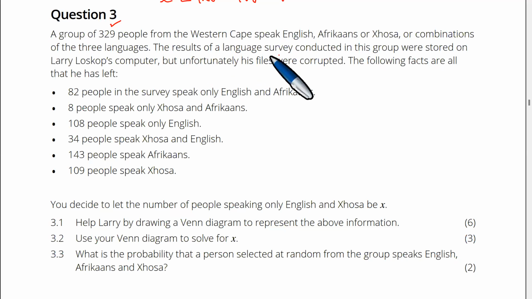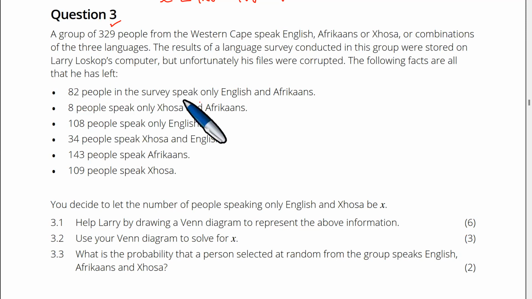The results of a language survey conducted in this group were stored on Larry Loscope's computer. But unfortunately, his files were corrupted. The following facts are all that he has left.